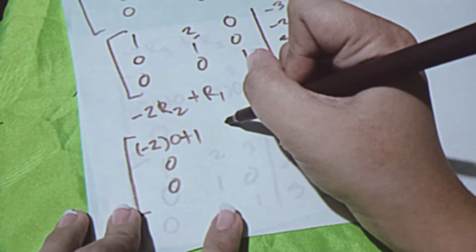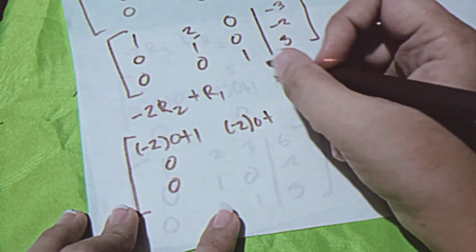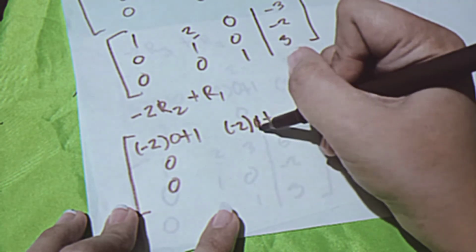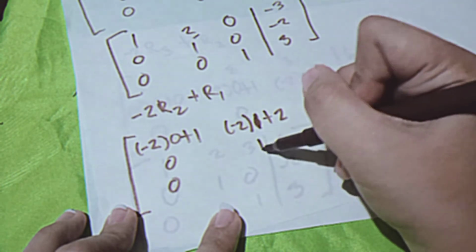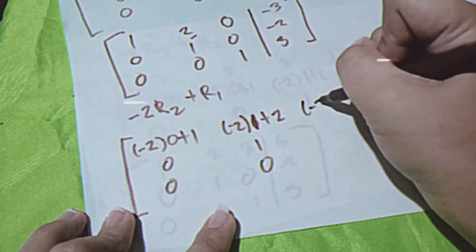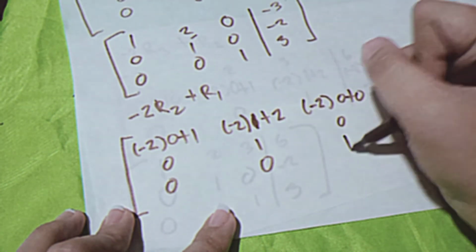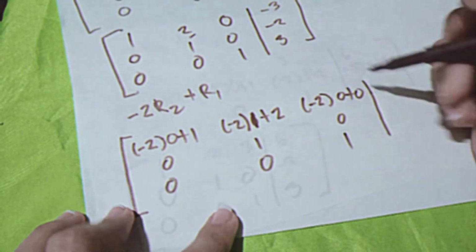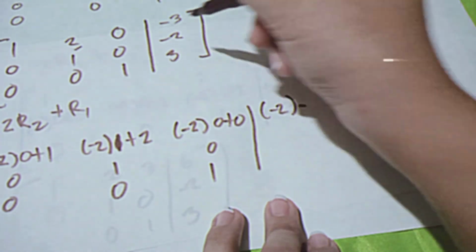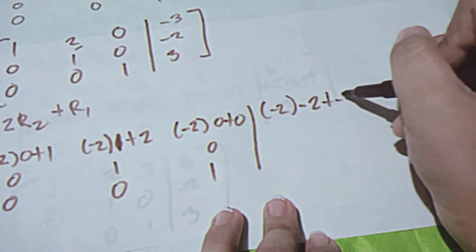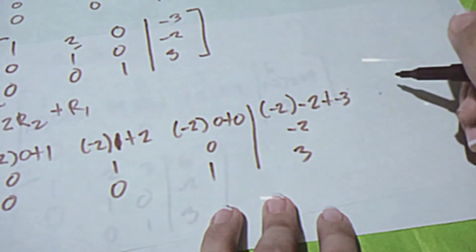Then, negative 2 times 0 plus, mali. 1 to, then 2. Kasi 1 and 2. Then, 1, 0. Then, negative 2 times 0 plus 0. Then, 0, 1. Then, negative 2 times negative 2 plus negative 3. Then, negative 2, then 3.